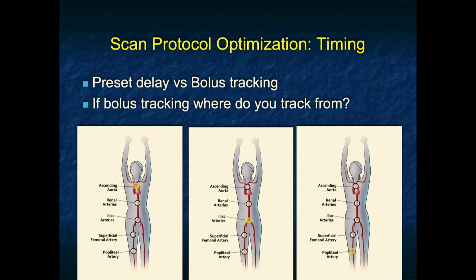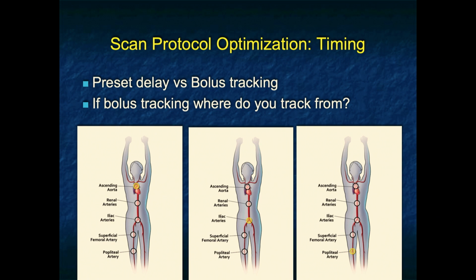I mentioned that preset delay versus bolus tracking. If you have really good techs, you almost could do it visually, but bolus tracking is the way things are typically going. I just have this picture to make the point: depending what area we're scanning, we do the bolus tracking in different areas.